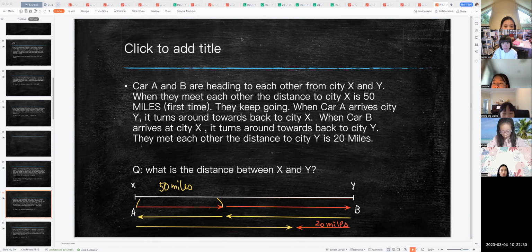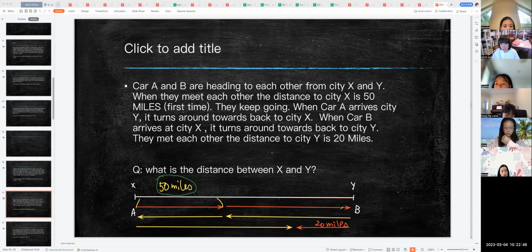Now let me ask you a very simple question, because this question is hard. When A meets B, I don't know the total distance. I only know that when they first meet, A finished 50 miles and B finished some other distance.